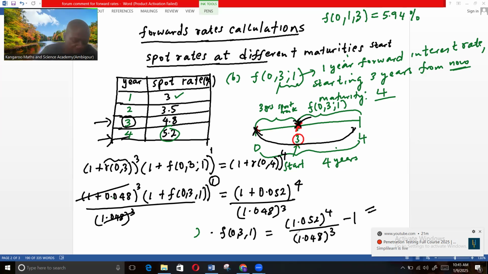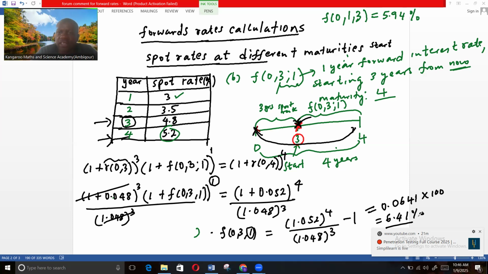We subtract 1, and it will give us 0.0641. Then if you multiply that by 100, the 1 year forward rate, which started in 3 years, is 6.41%.